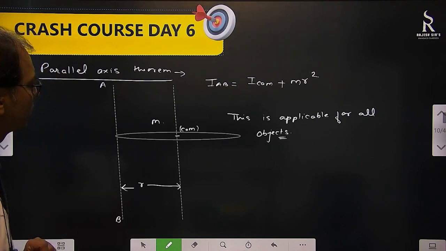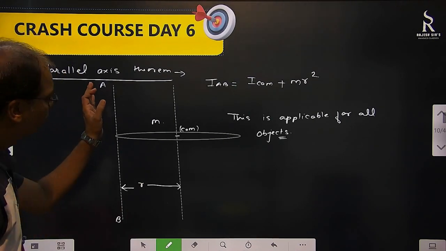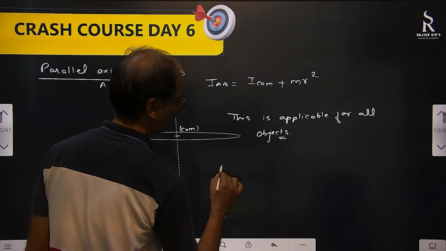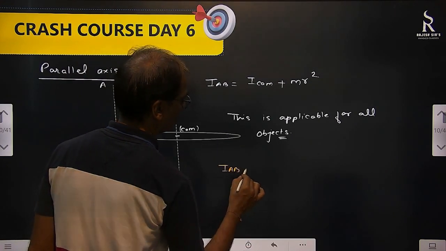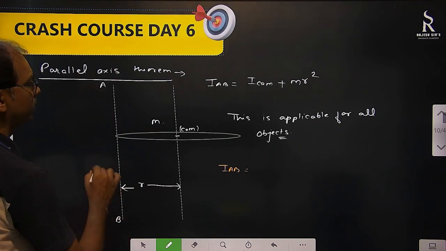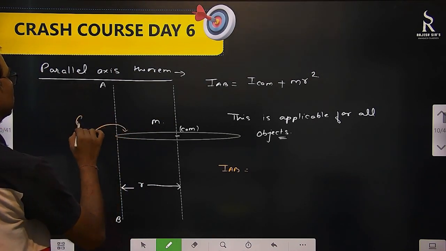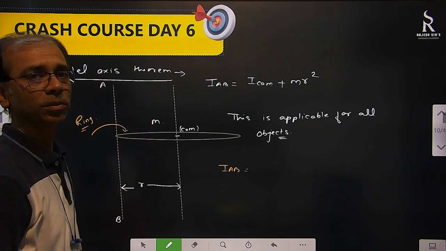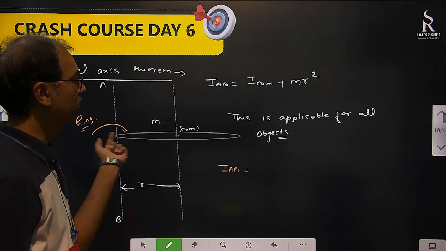Suppose now this itself is a question, and we want to find what IAB really is. Now we know this is a ring. So what is moment of inertia about the center of mass? We know it's mr square because this axis is perpendicular to the plane.